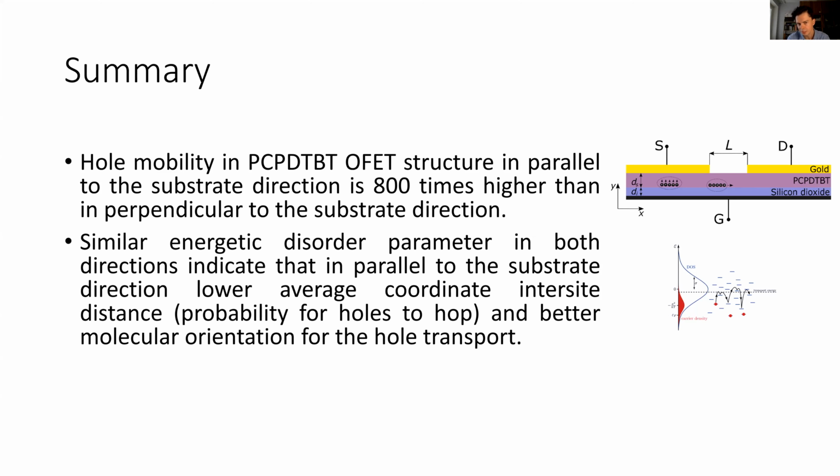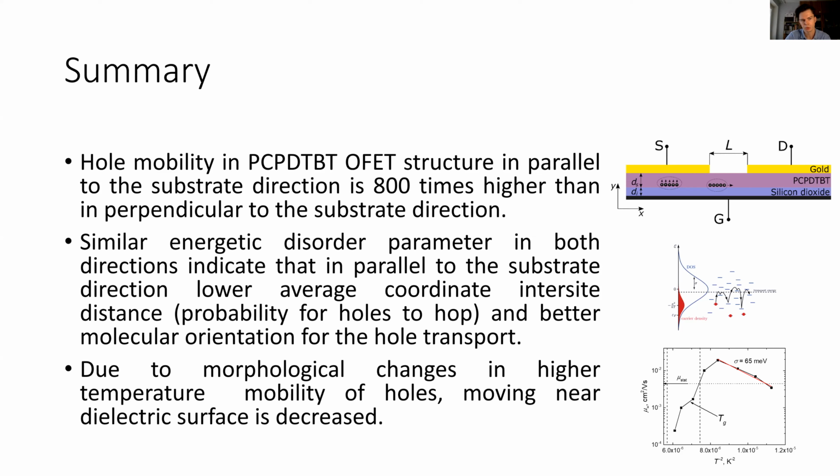And we believe, based on studies in general of these kinds of polymers, that when you spin coat them, they tend to lie on the surface and form an edge-on or very similar orientation, which basically means that more path is traveled through the backbone of the polymer, while in the perpendicular to the substrate direction, it has to do more jumps between molecules, and the conditions of transport are not as good as in the other direction.